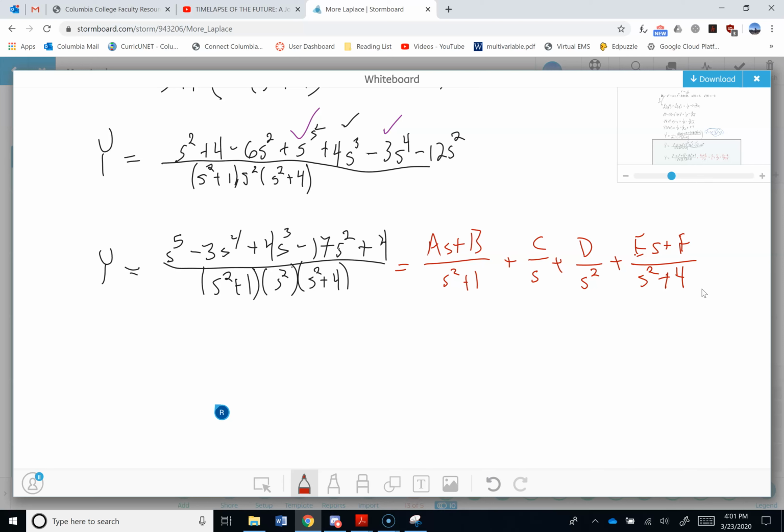Okay, so I got all this stuff. Basically this is tedious, but it's not very hard. So you just have to not screw it up. And Heaviside's method does help here. So I have the top is equal to as plus b times s squared times s squared plus 4.